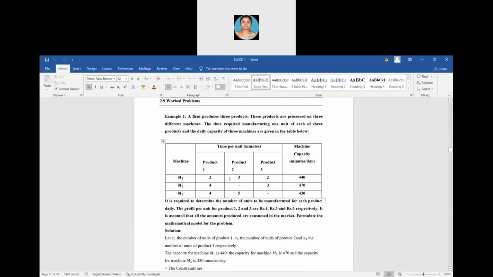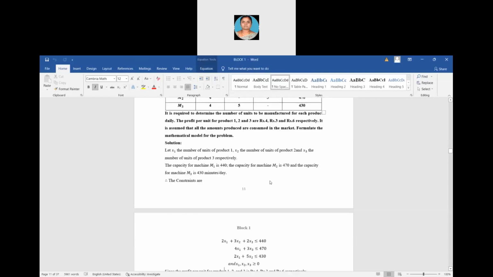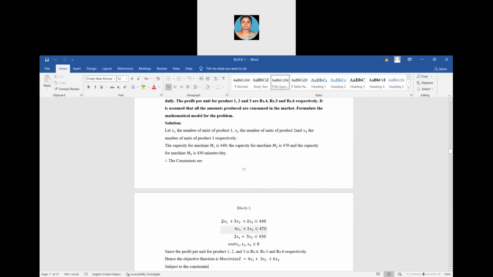We already have x1 as the decision variable for product 1, x2 for product 2, and x3 for product 3. So 2x1 plus 3x2 plus 2x3 is less than or equal to 440. So that is the first equation.